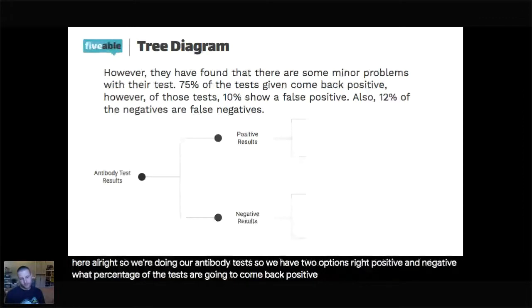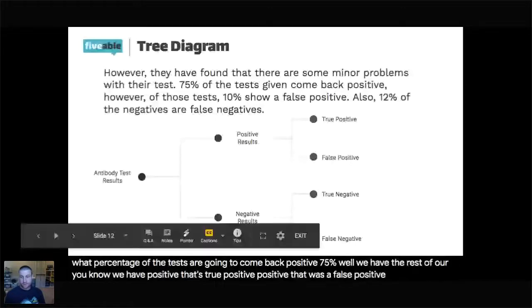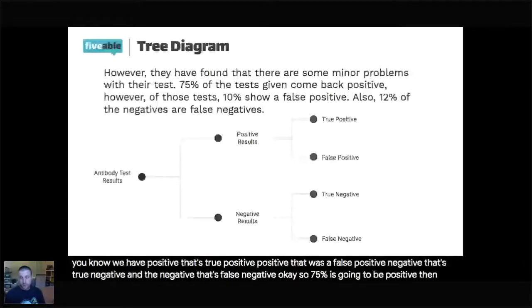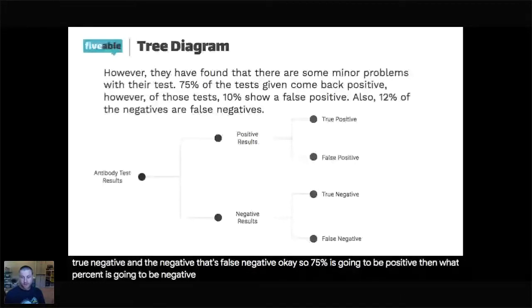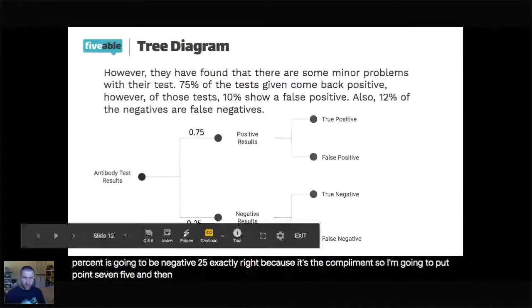We have positive that's true positive, positive that was a false positive, negative that's true negative, and then negative that's false negative. Okay, so 75% is going to be positive. Then what percent is going to be negative? 25, exactly, right? Because it's the complement. So I'm going to put 0.75 and then 0.25.